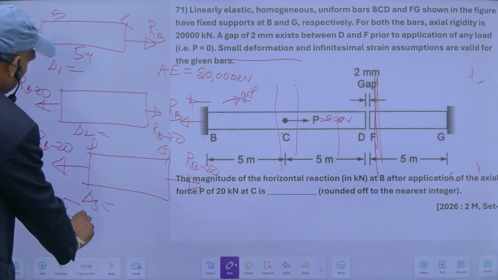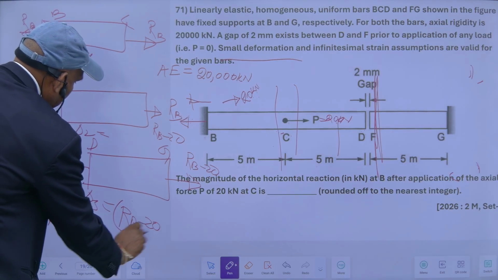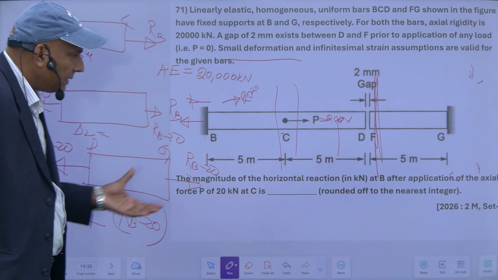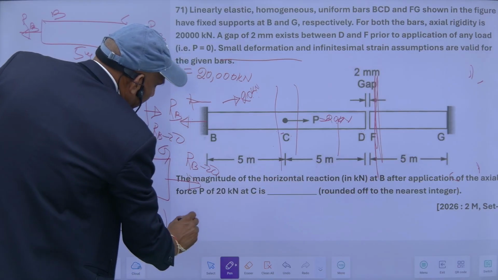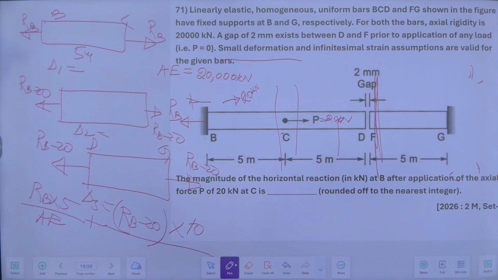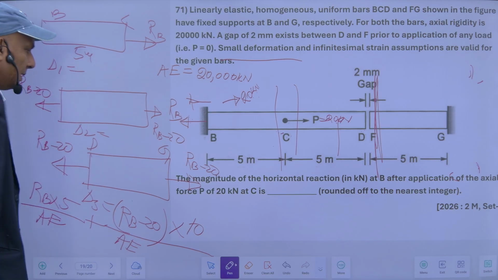Plus RB minus 20 into length. Since force is common here, RB minus 20, RB minus 20, so you can take the whole length, RB minus 20 into this length, 5 plus 5, 10 upon AE. So this will give the total displacement.